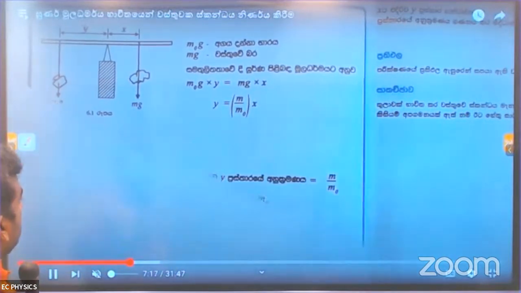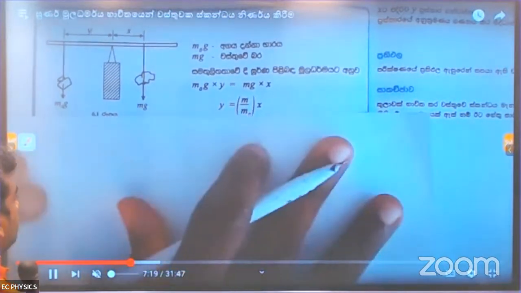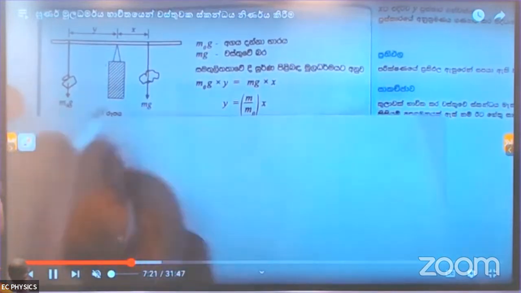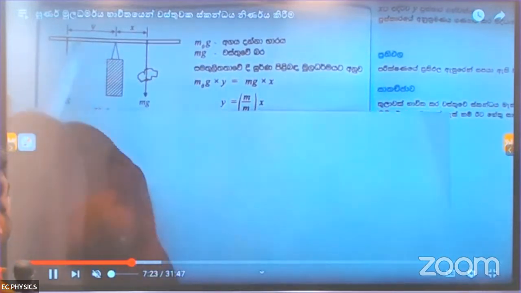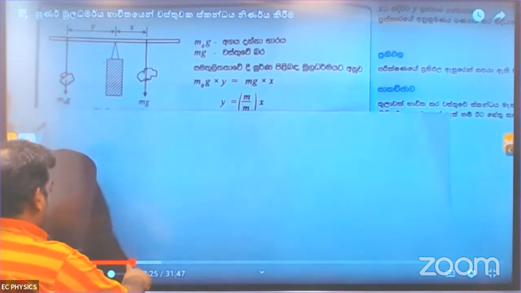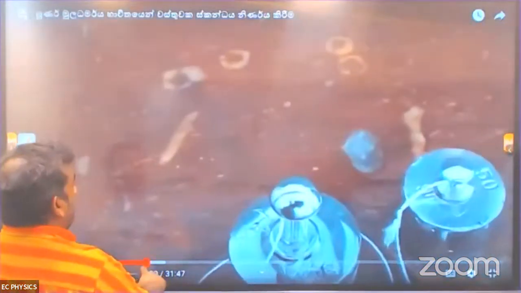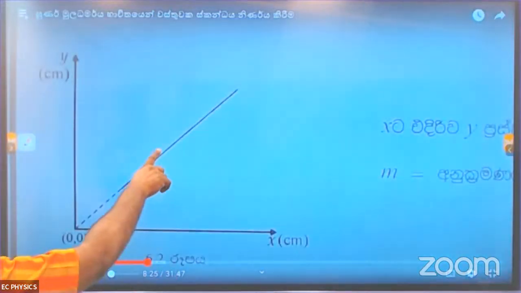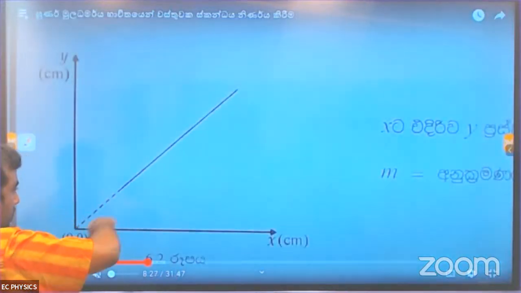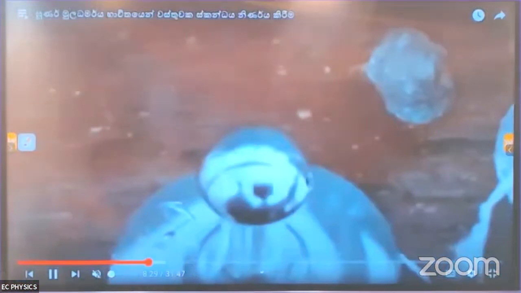There you go. Put a small table. I'll move it a bit forward. So there you go. Dot lines indicated go along the origin.